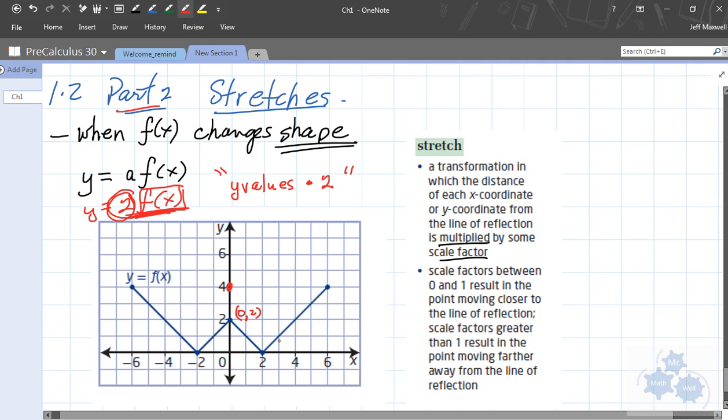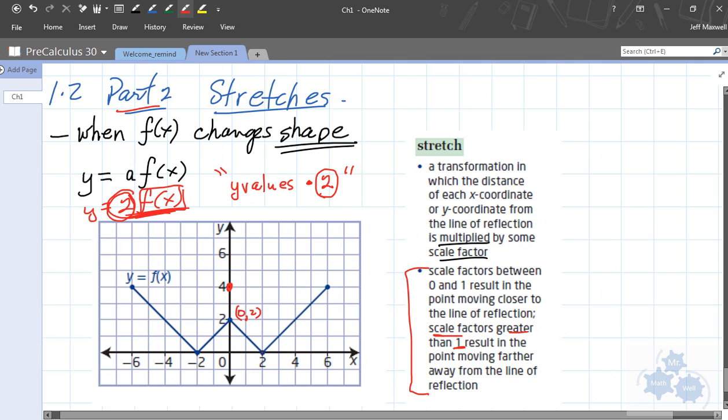If we're talking about that 1 versus negative 1, it's the x-axis, flipped that way. So notice how this number is greater than 1. Scale factors greater than 1, that's what 2 is, move the point away from the line of reflection. Let's just talk about this more later, but that is consistent with what you see over here.